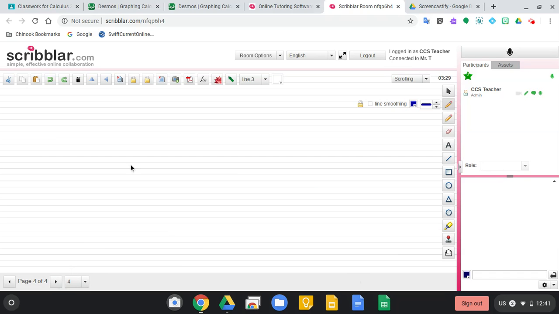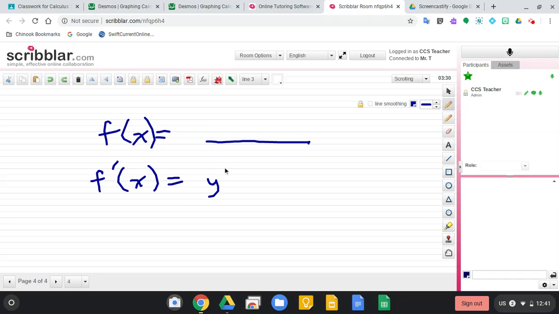So in calculus, if we have a function f of x equals, it doesn't matter what it equals. It can be any expression over here. If I take the derivative, we called it f prime of x, which is another way of saying y prime. But if I take the derivative again, I get something called the second derivative, or f double prime of x, which can be rewritten as y double prime.